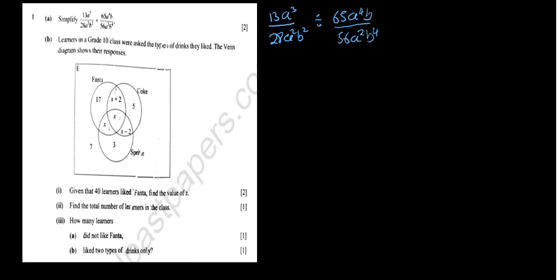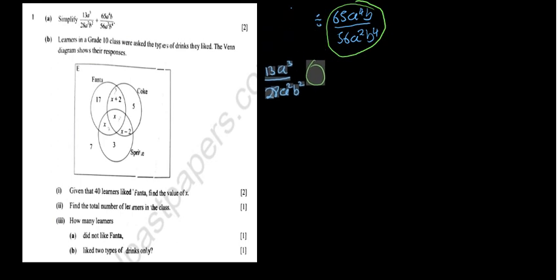Okay, so what we need to do here is change this from division to multiplication, and write the reciprocal of that one. So we'll still maintain this part.